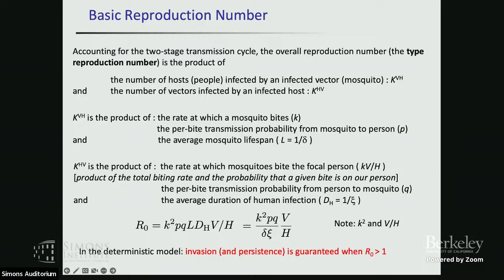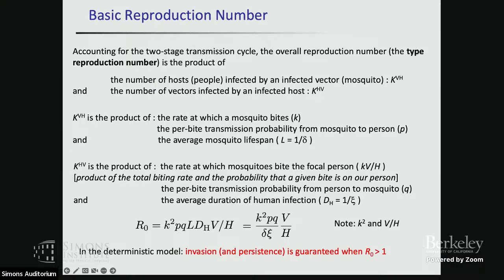Why does this V over H not appear squared? Because the mosquito is just biting. So when the mosquito is infected, it's just giving rise to infections at rate K times P. But when we have an infected person, I have to figure out at what rate a mosquito is biting that infected person.